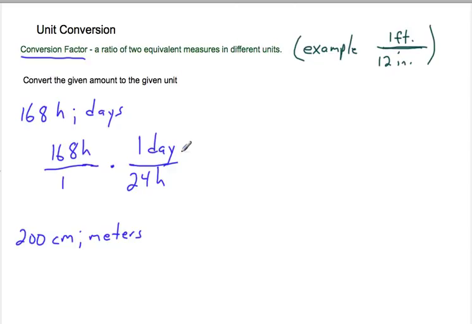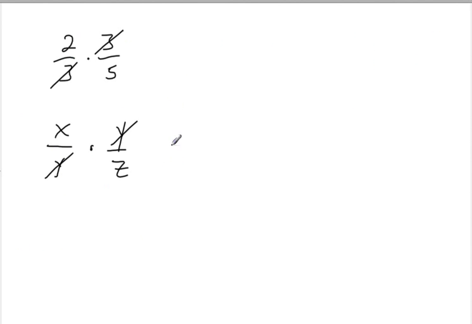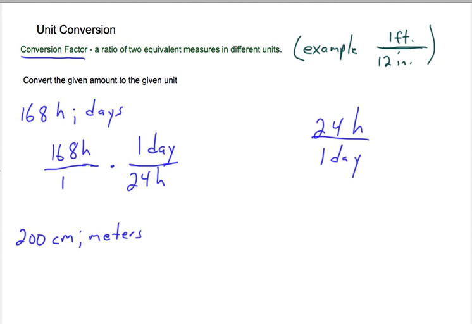When we use a conversion factor, it can be shown either way. I could use 1 day over 24 hours, or I could also use 24 hours over 1 day. Well, this quick little aside I showed you here will tell us which version of the conversion factor we want.